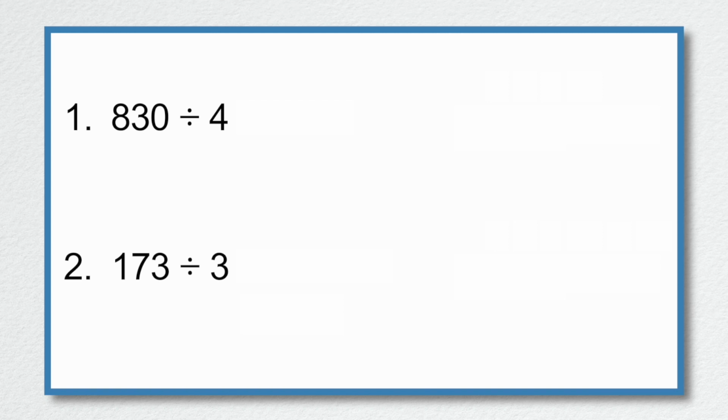Let's look at some other examples. We have 830 divided by 4. We'll set the calculation out as normal, and let's begin working our way through. To begin with, 8 divided by 4 is equal to 2 exactly. Now let's do 3 divided by 4.